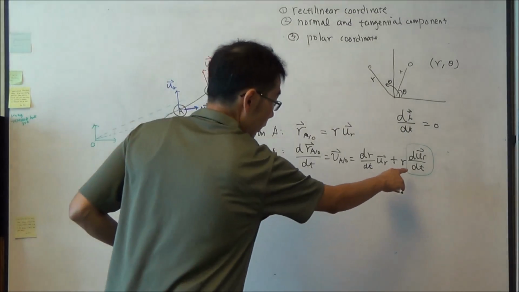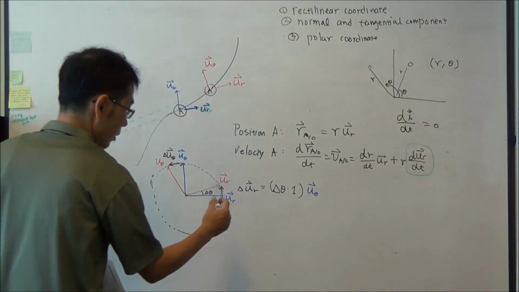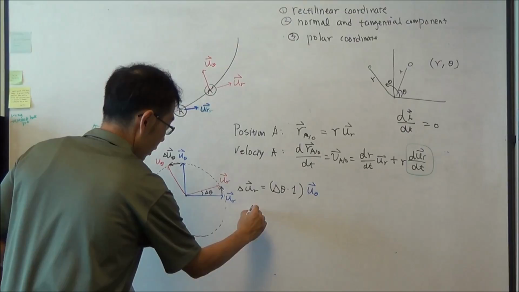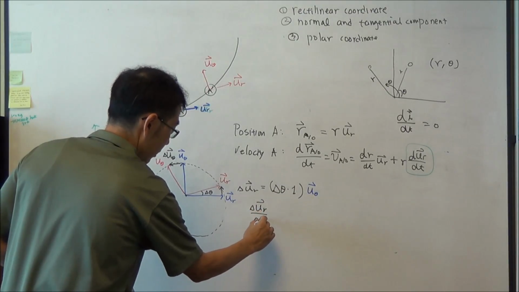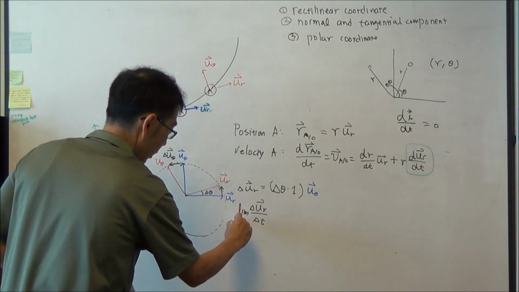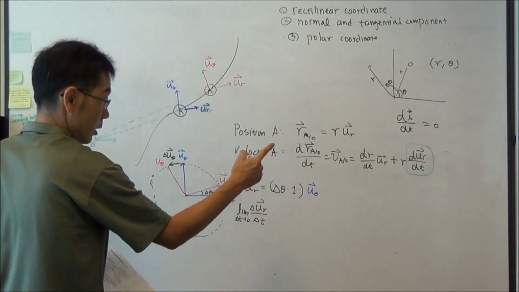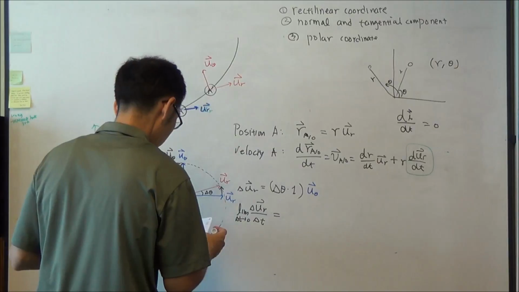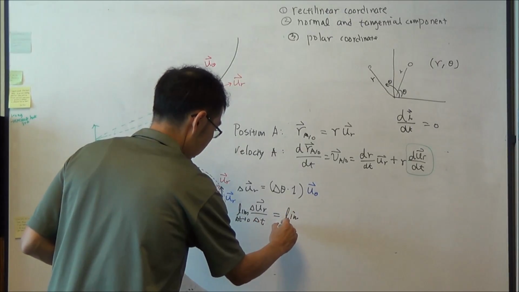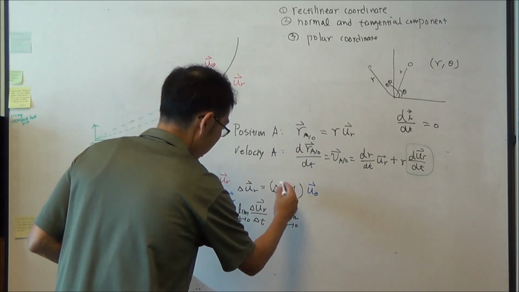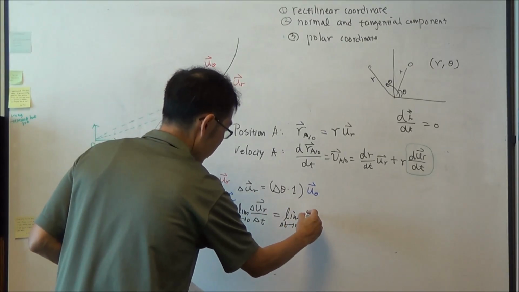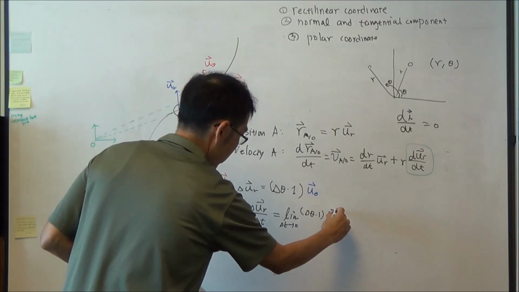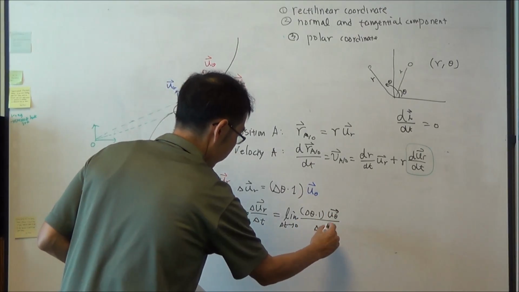Then I want to find this dUR over dt, right? So dUR over dt means delta UR over delta t, and delta t goes to almost 0. So this is a limit, delta t going to 0, of delta theta times 1 over delta t.